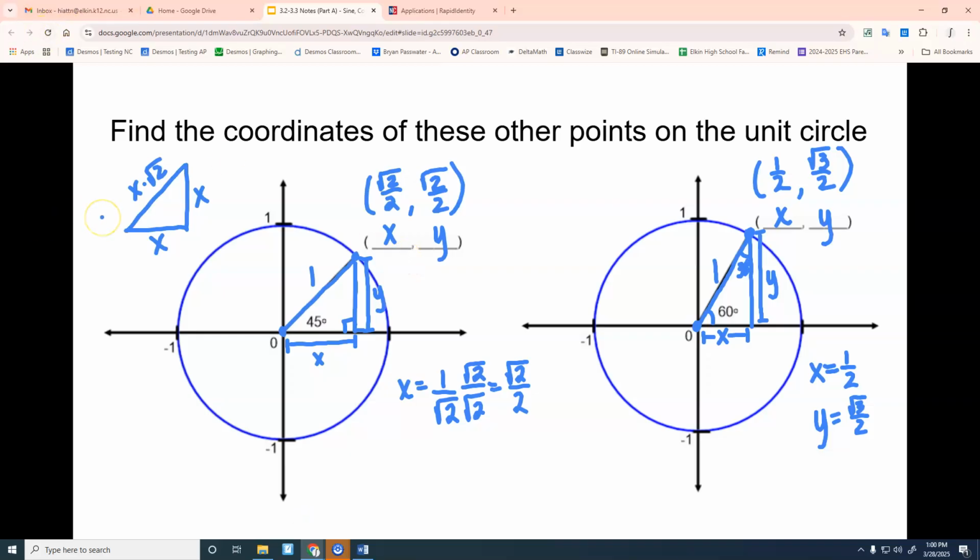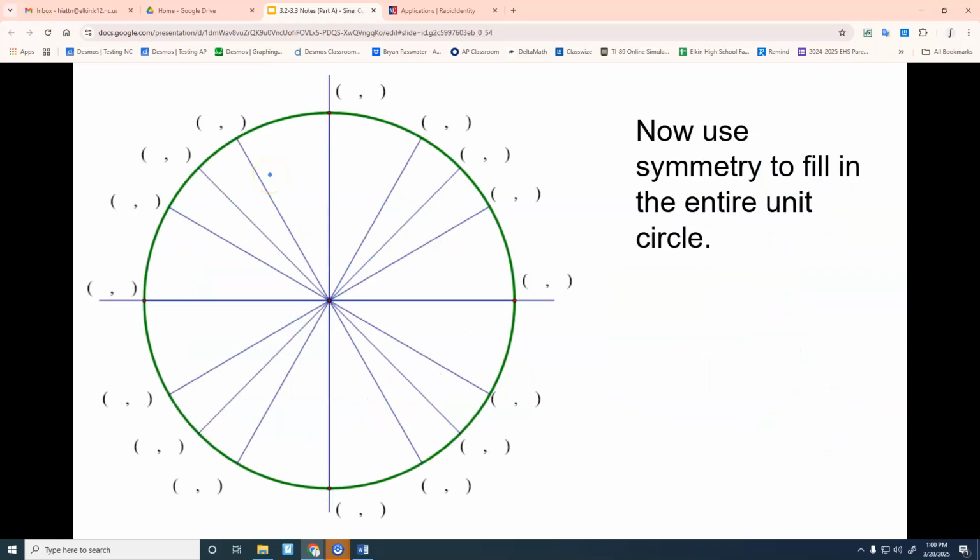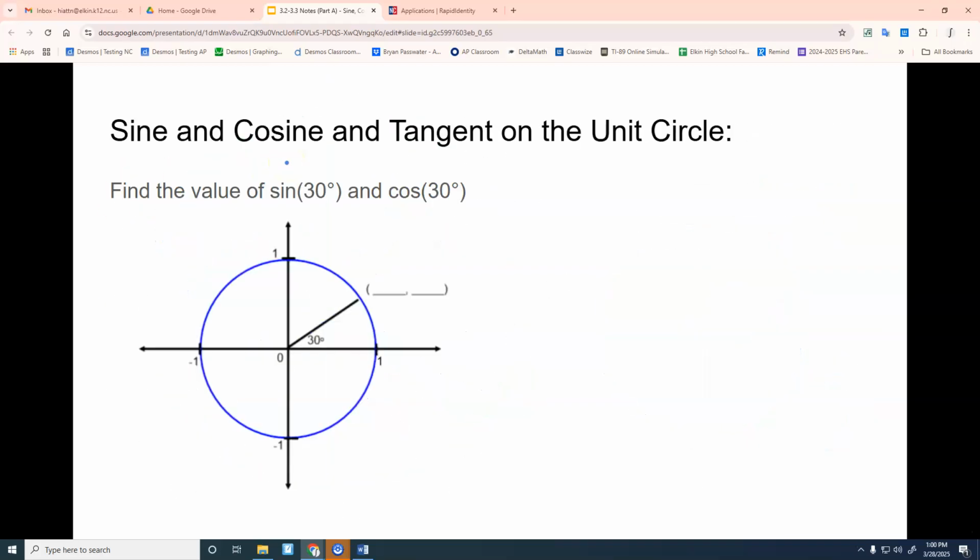Now, let's talk about what in the world this has to do with sine and cosine, because so far we've just found coordinates on a circle, right? But here is where this starts to line up, okay? So I'm just going to use the point 30 degrees, but this would be the case for any point on the circle, even the points that are not unit circle points.